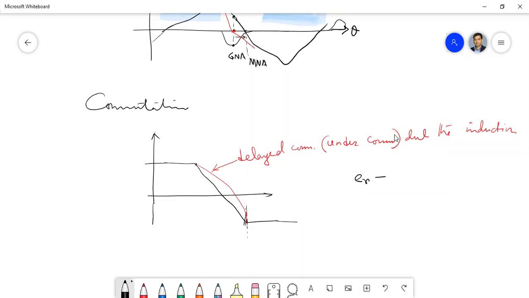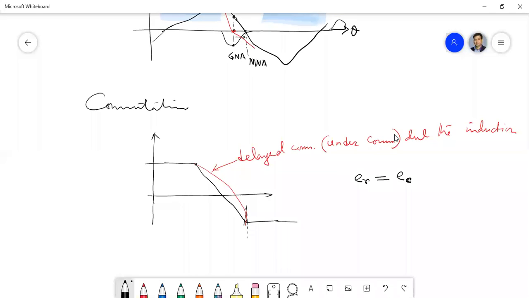But if we can neutralize this reactance voltage by some other voltage, let us say some compensating voltage, then the problem due to the delayed commutation or the under commutation will not be there, and we can get a linear commutation. That is the ideal case.